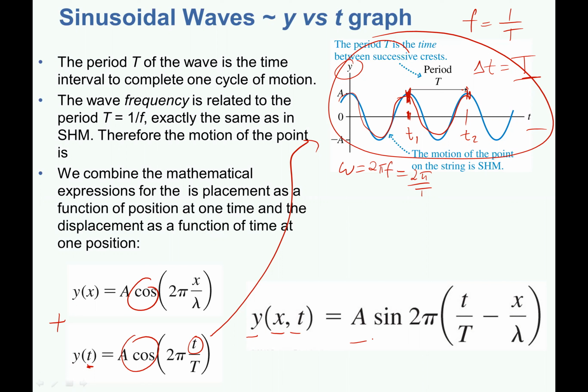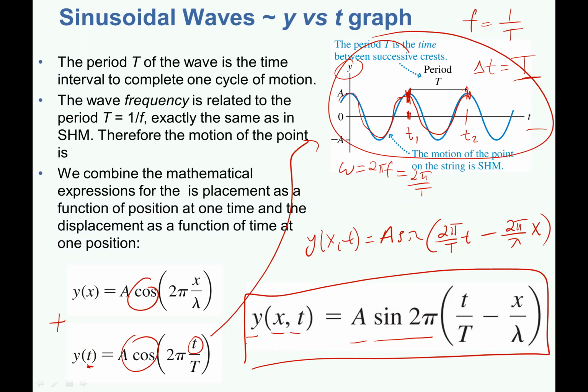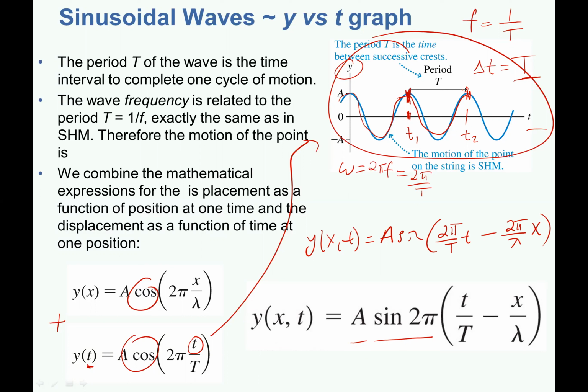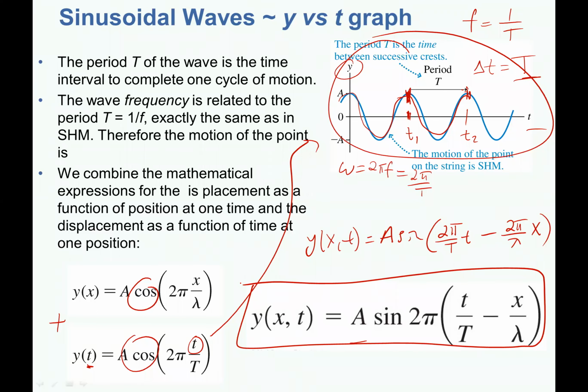So y as a function of x and t equals A sine of 2 pi over the period T times t, minus 2 pi over the wavelength times x. Since both terms have 2 pi, you can technically factor it out, and this represents the same equation with 2 pi factored out. Okay, so that's what we have here.